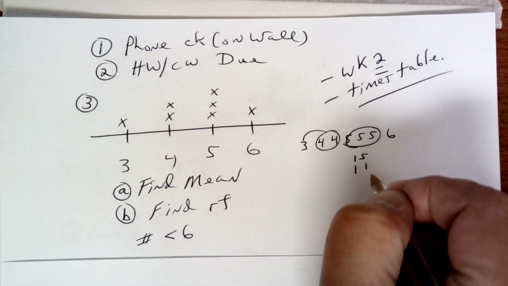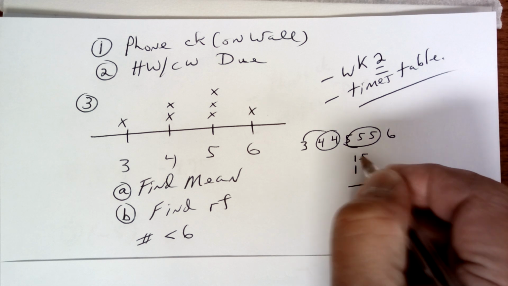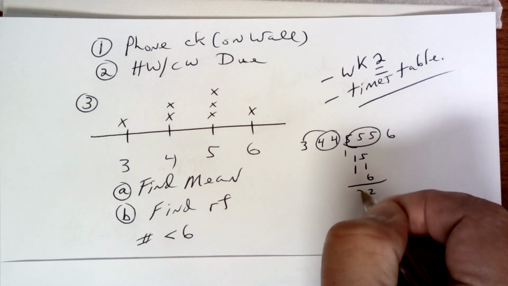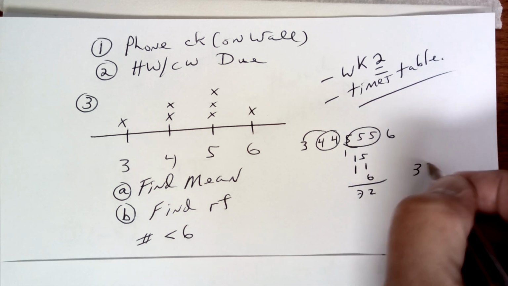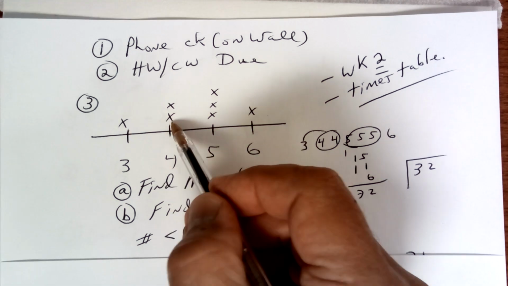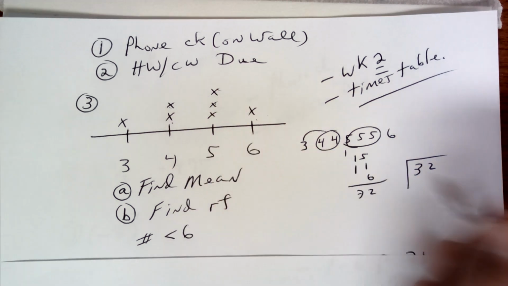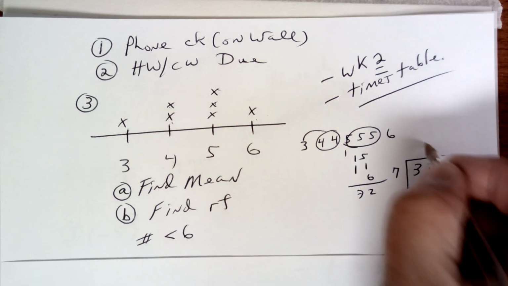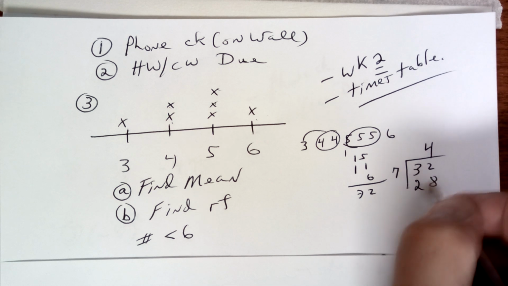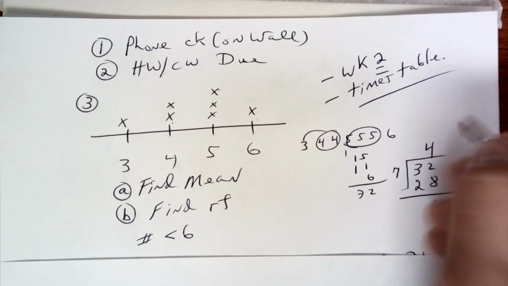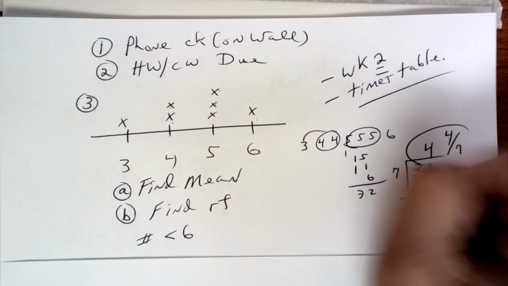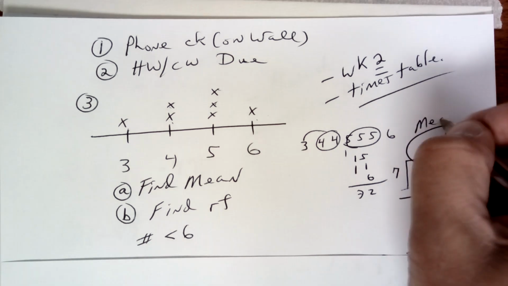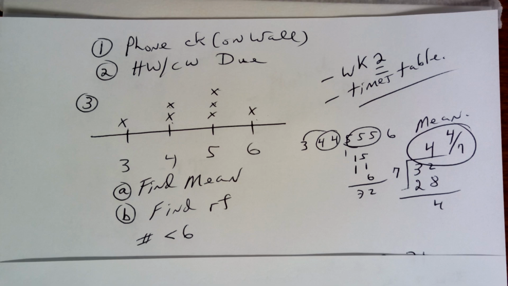And then 6, 7, that's 12. That's 32. Divide it by 1, 2, 3, 4, 5, 6, 7. 7 times 4 is 28. There's the mean, the average: 4 point whatever it is, 4 over 7.